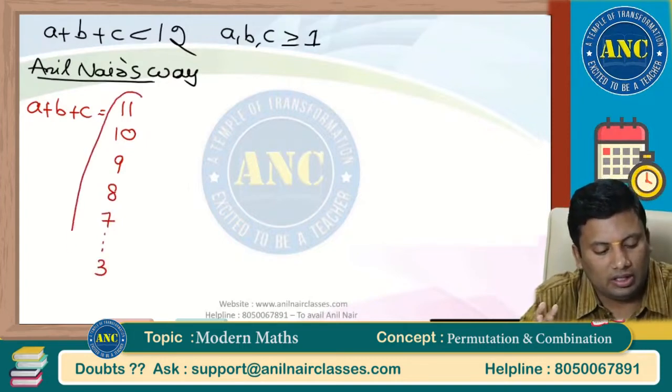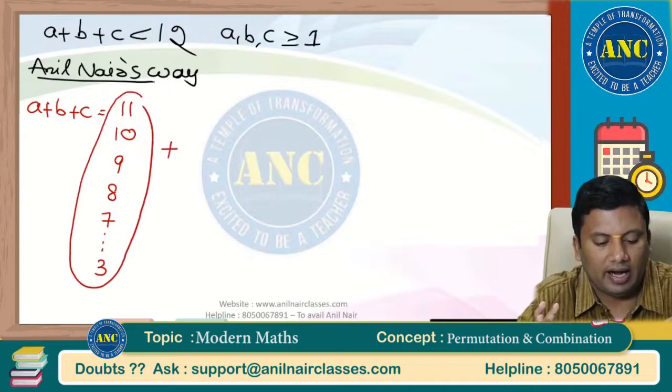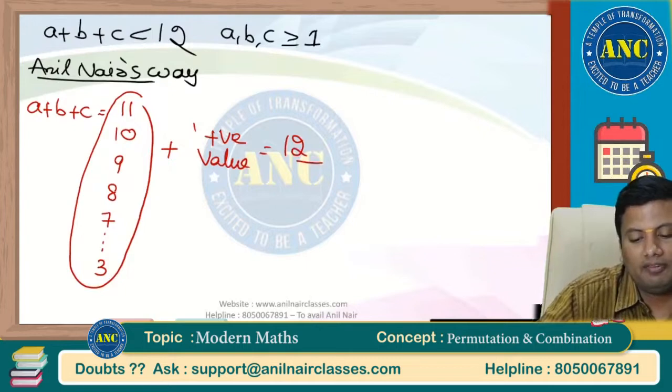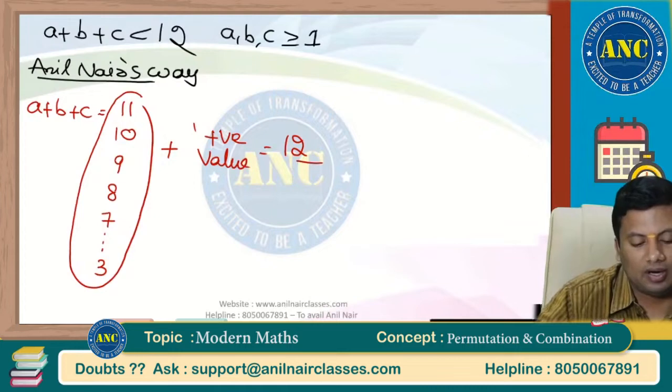To all these values, if I add a positive value, will I get 12? Yes or no? 11, if I add 1, I will get 12. 10, if I add 2, I will get 12. 9, if I add 3, I will get 12. 3, if I add a positive value, I will get 12.